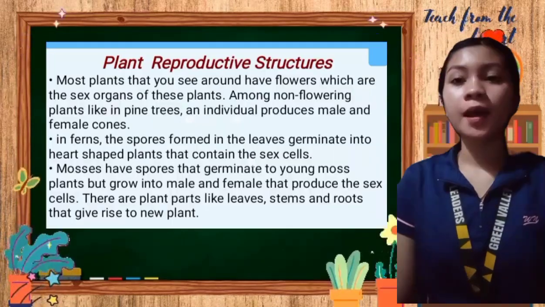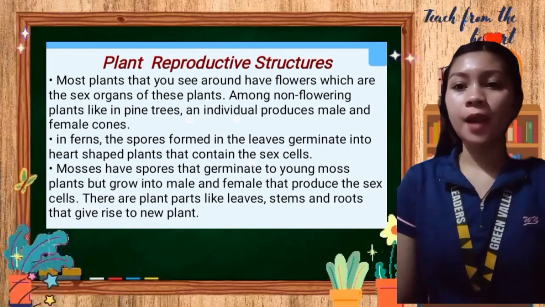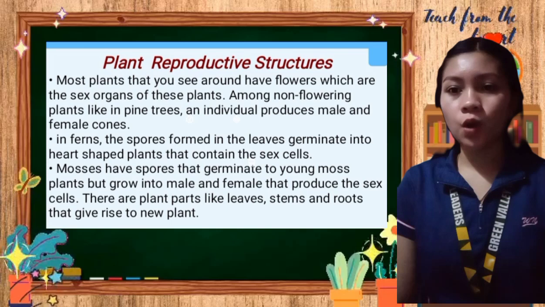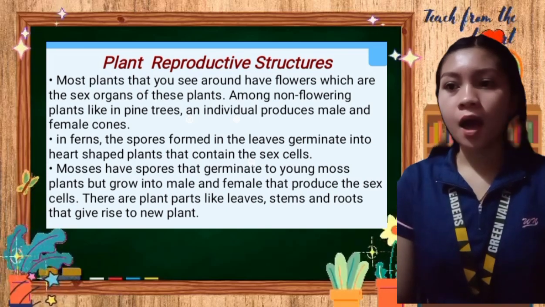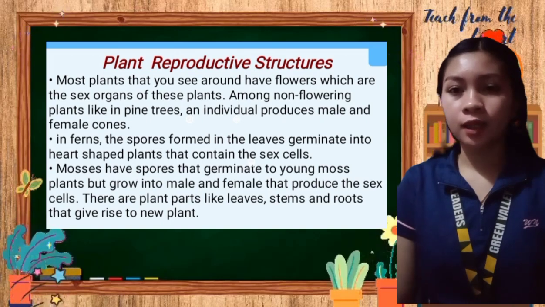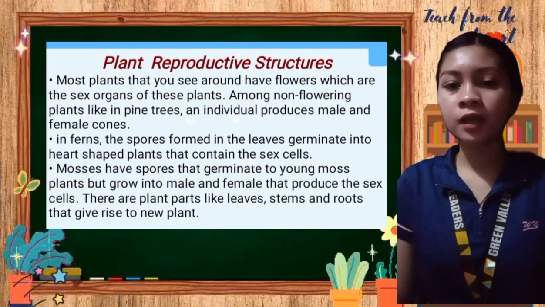Plant reproductive structures. Most plants that you see around have flowers, which are the sex organs of these plants. Among non-flowering plants like pine trees, an individual produces male and female cones.